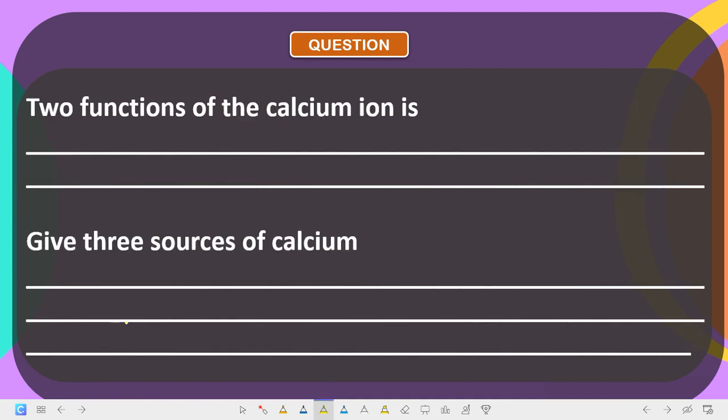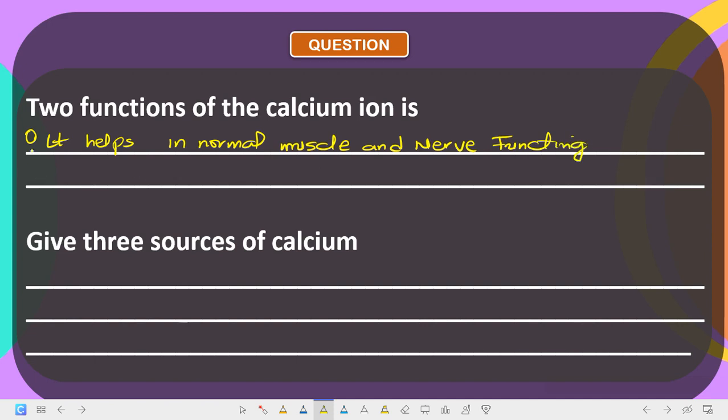Two functions of calcium ion: one, it helps in normal muscle and nerve functioning.